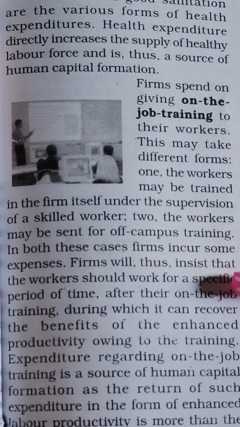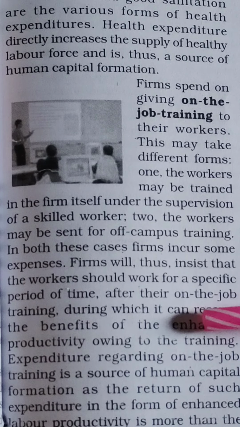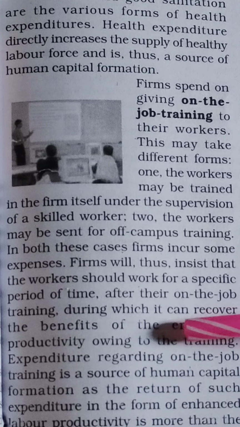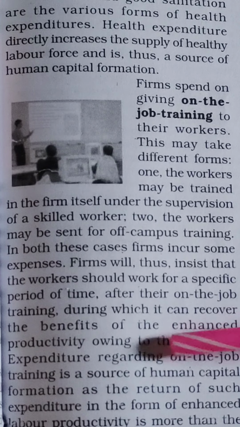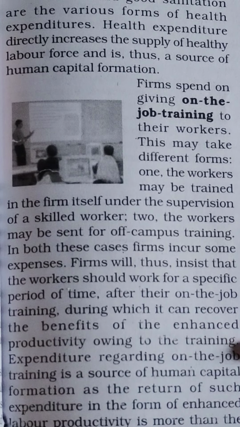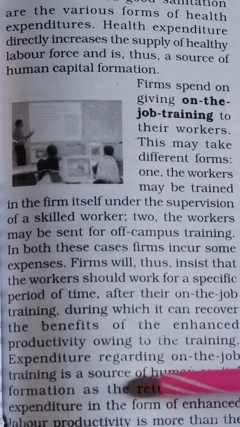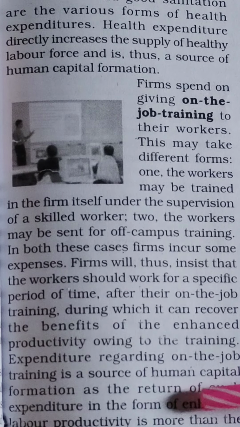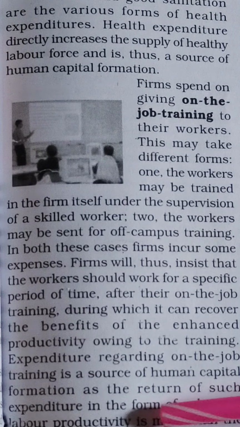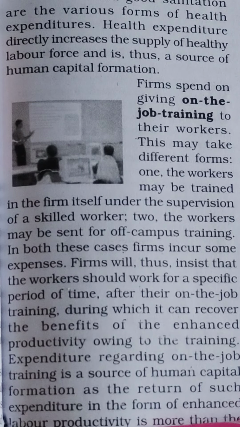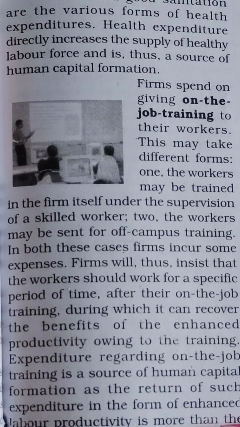Firms will thus insist that the workers should work for a specific period of time after their on-the-job training, during which it can recover the benefits of the enhanced productivity owing to the training. So, expenditure on on-the-job training is a source of human capital formation, as the return of such expenditure in the form of enhanced labor productivity is more than the cost of it.